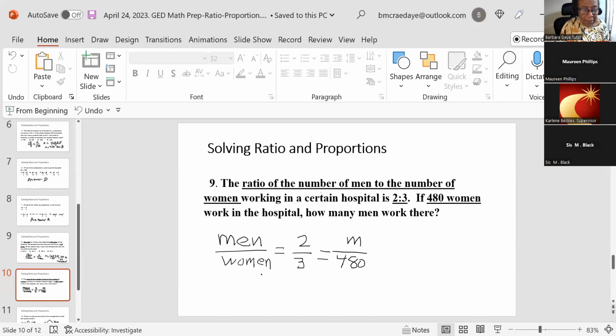So keep that same ratio of 2 to 3. What is M, the number of men? What is that equal to, Mercedes? You mean you want the answer now? Yes. Why, you think I want it tomorrow? I couldn't resist that. Let me tell you, Mercedes, what's the number of men?